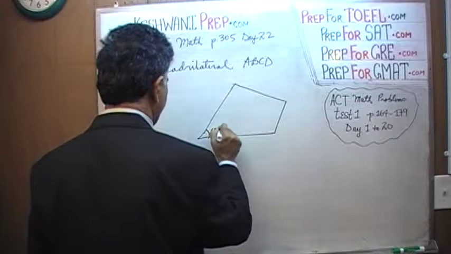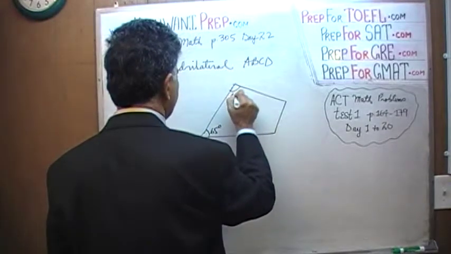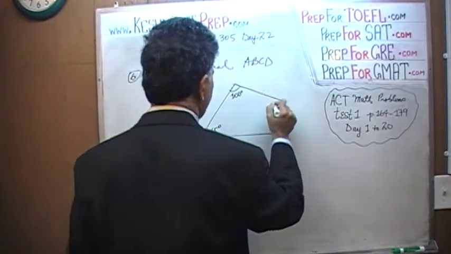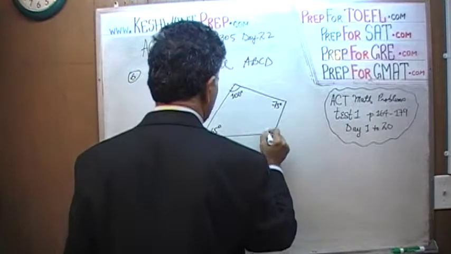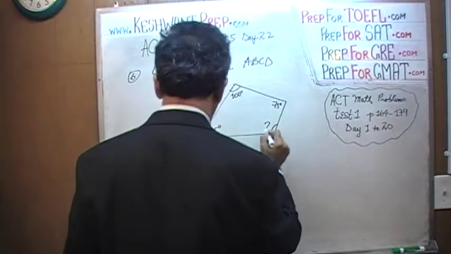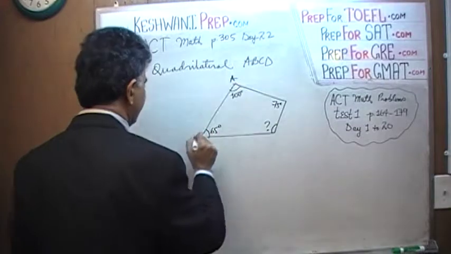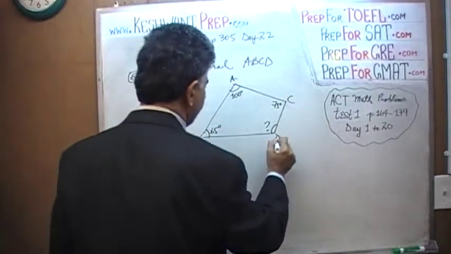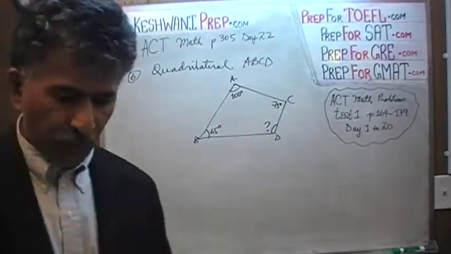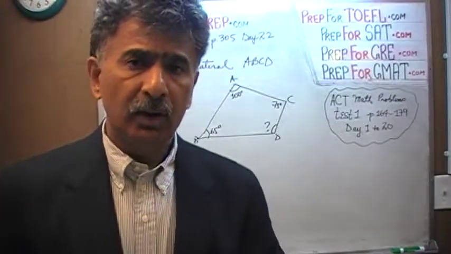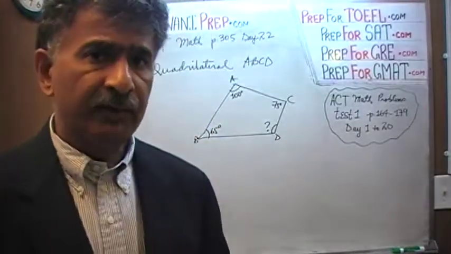This we are told is 65 degrees, this we are told is 100 degrees, this we are told is 75 degrees, and the question is, how much is this angle? Well, what do we know about the sum of the angles in a quadrilateral?